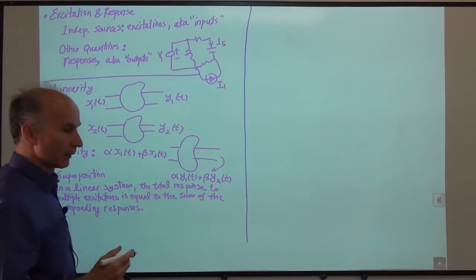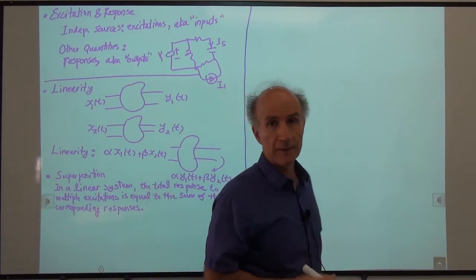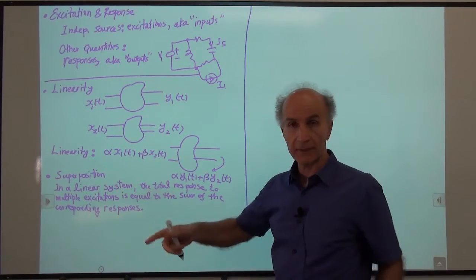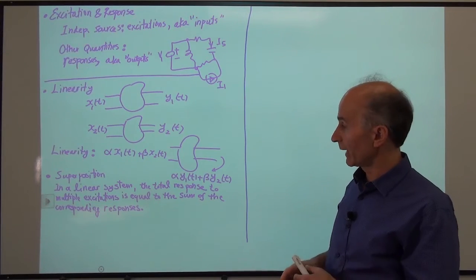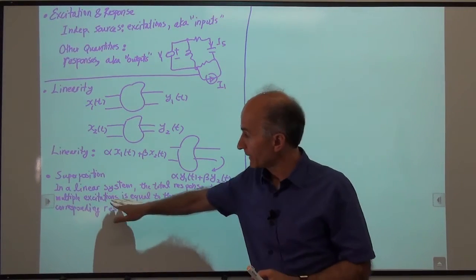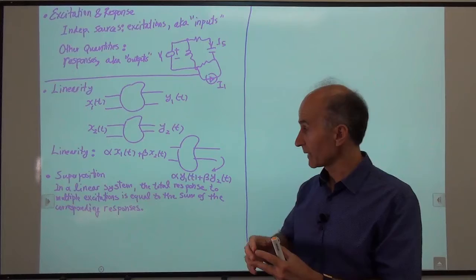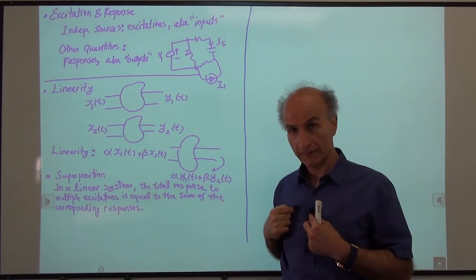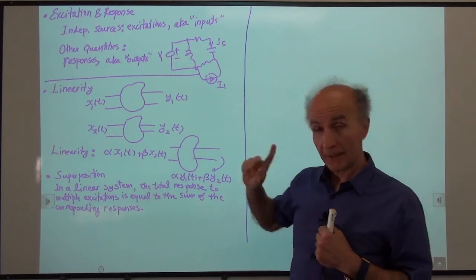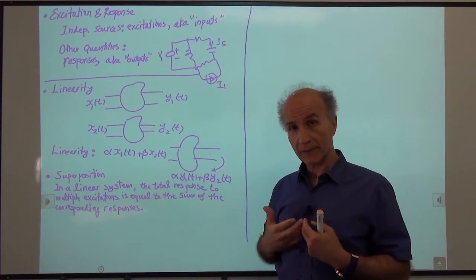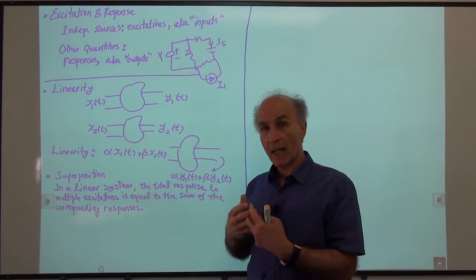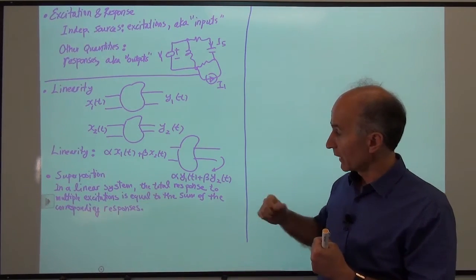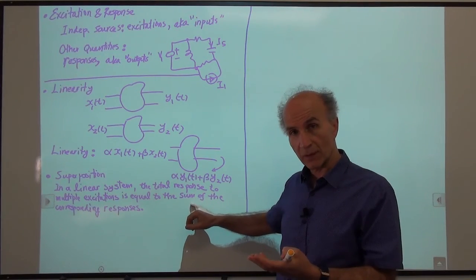Okay, so let's take a moment to digest and see what that means. All right, so what this says is that I have a linear system, and I have multiple excitations coming in at the same time. For example, my voice and music at the same time going through this microphone. Now, because the system is linear, we can say that the output of the system, the output of the microphone, has a total response which is equal to the individual responses to those excitations.